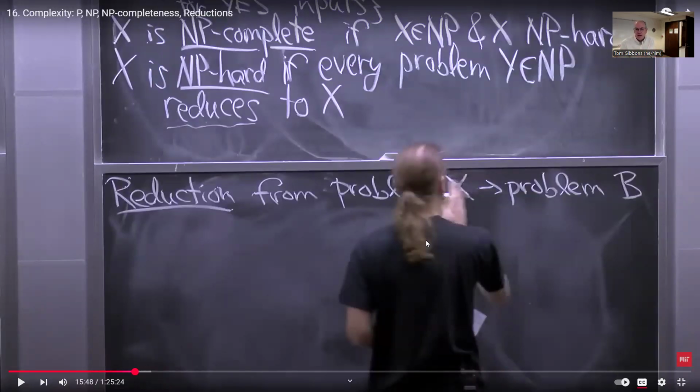And then if it's NP hard, it basically means that there is another problem in NP complete that reduces to it. I think he should have written, he said, if X is NP hard, if every problem Y an element of NP complete reduces to X there. And that's what he's going to show here.